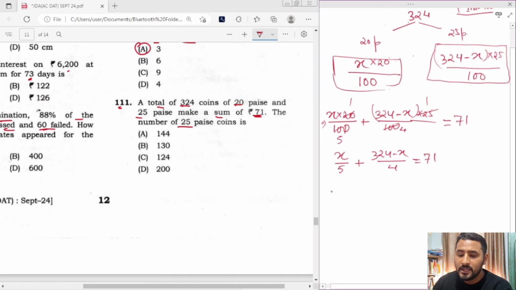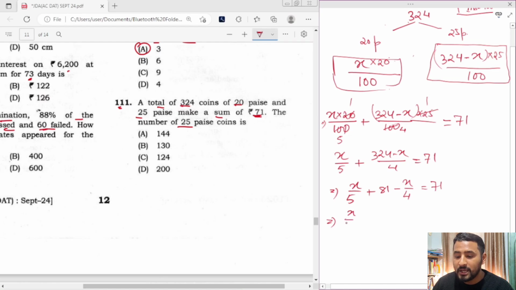How I'll solve is, I can write this as x by 5 plus 4 into 81, since 4 into 81 is 324, and minus x by 4 will remain, equal to 71. If you want to do it longer, you can.